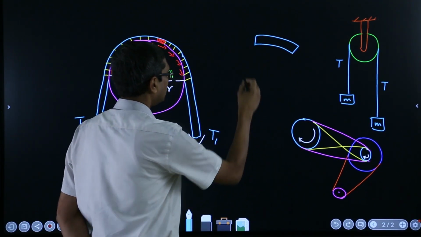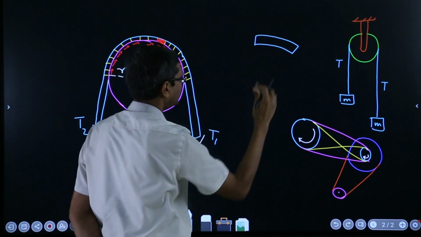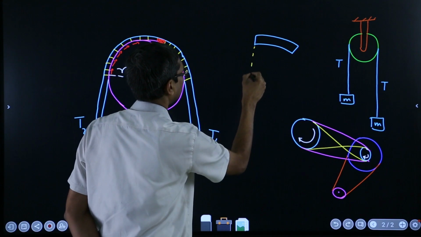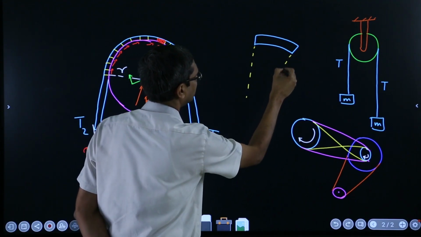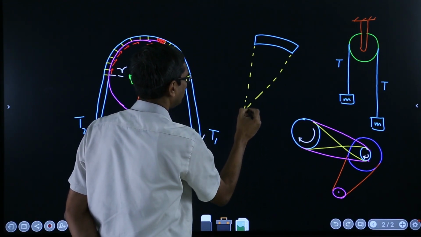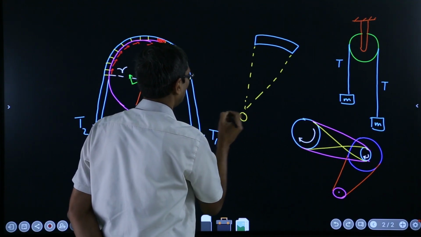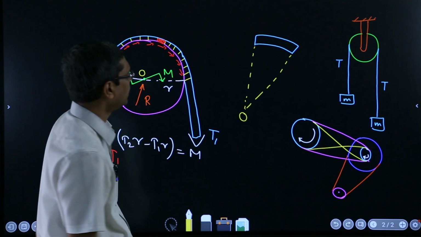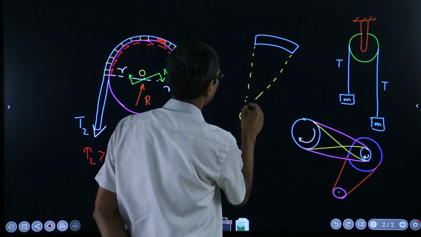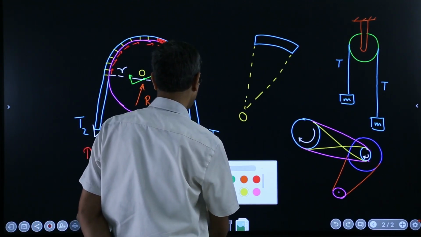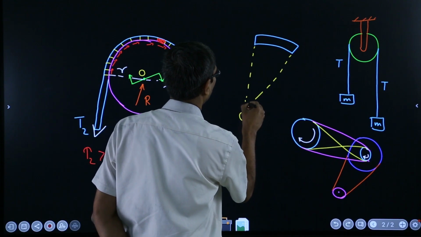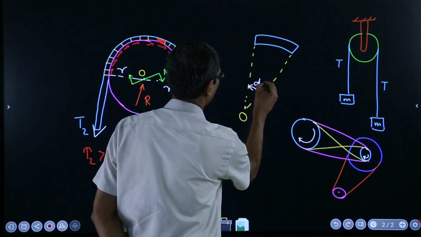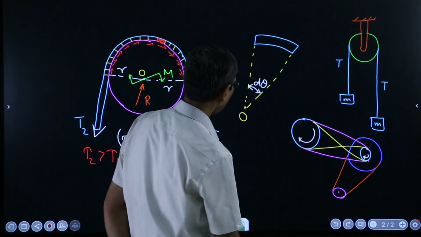That is that small portion, we have enlarged it, and if I extend these lines, obviously they will meet at the center O. Now let's say this angle is d theta, a small angle d theta.